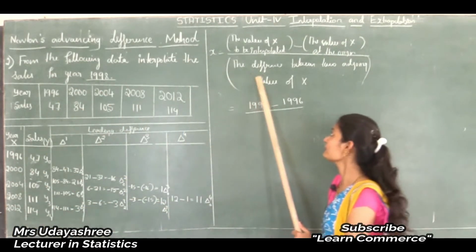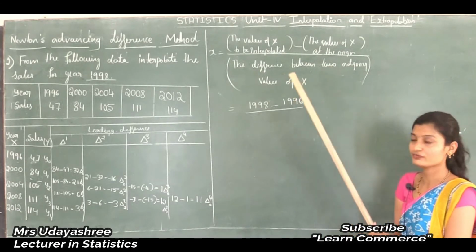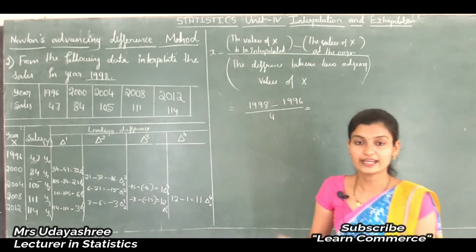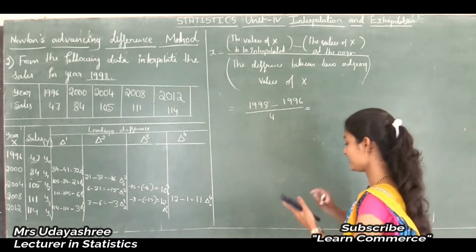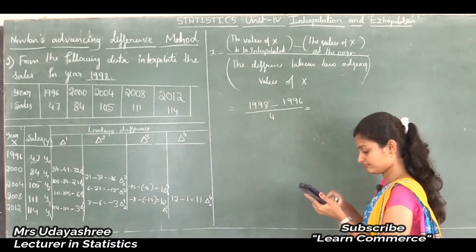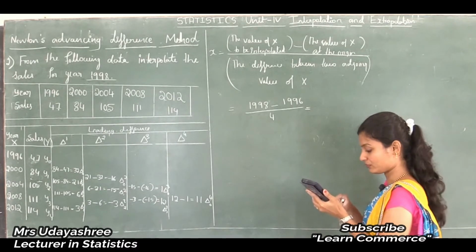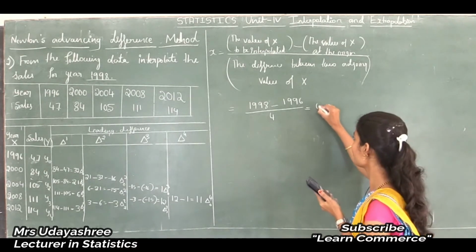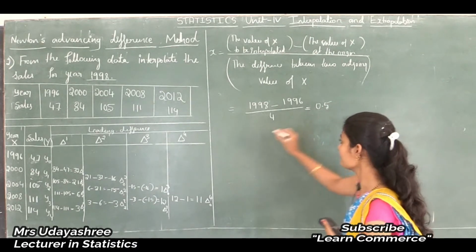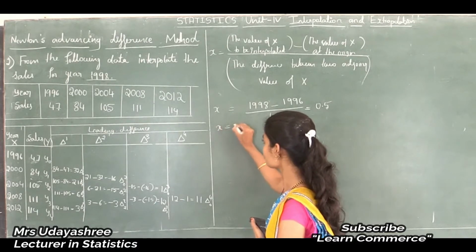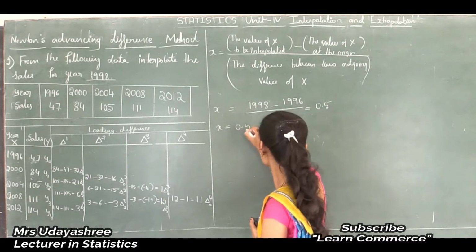Therefore I will write 4, and this is equal to 1998 minus 1996, which is 2, divided by 4. So that is 0.5. So here we got the x observation as 0.5.